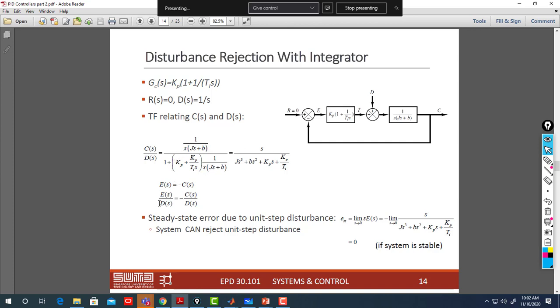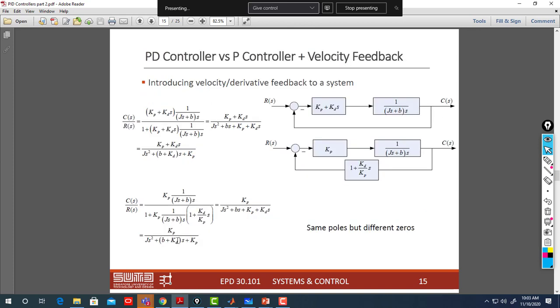So that's why I'm dividing E over D, not E over R. Because if you want E over R, the E actually is not minus C. E is equal to minus C only when R equals 0. Otherwise, E equals R minus C, as we did when we did the steady state error calculation. So when I ask you to study the effect on disturbance, you need to do it this way. This is an important slide.